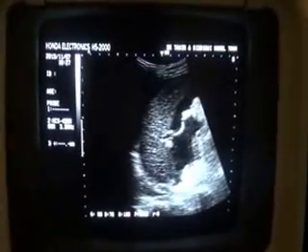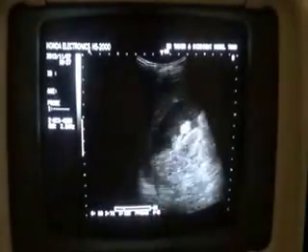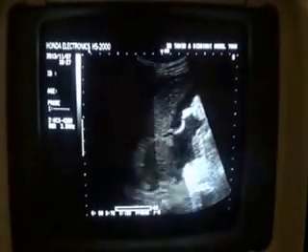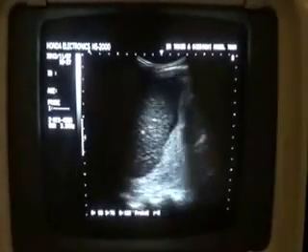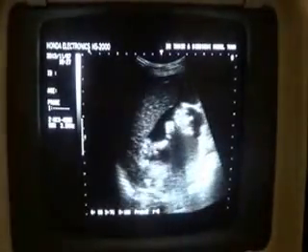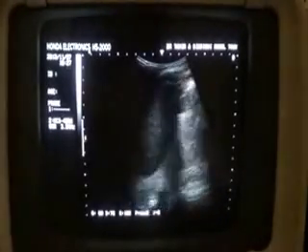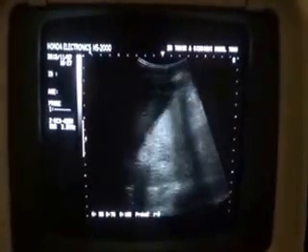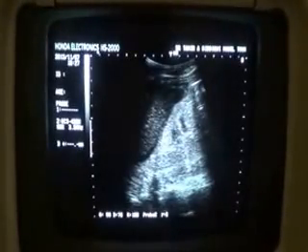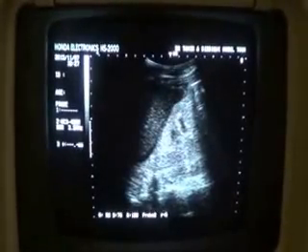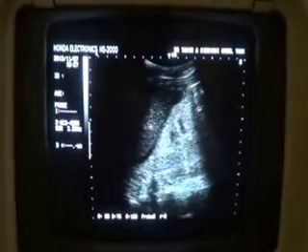This is the splenorenal ligament, and you can see it dancing within the ascitic fluid, as this is the kidney. Now determine the echogenicity of the kidney against that of the spleen.